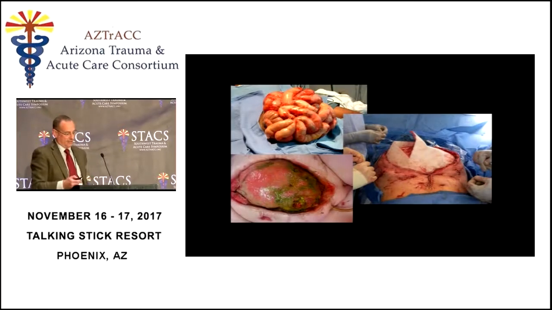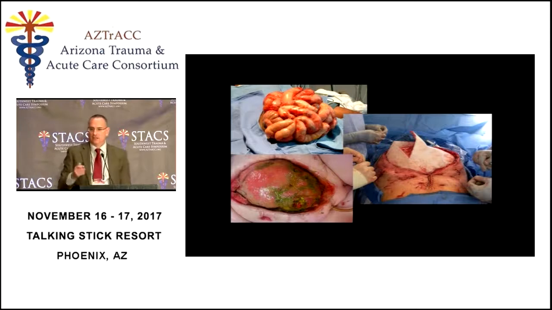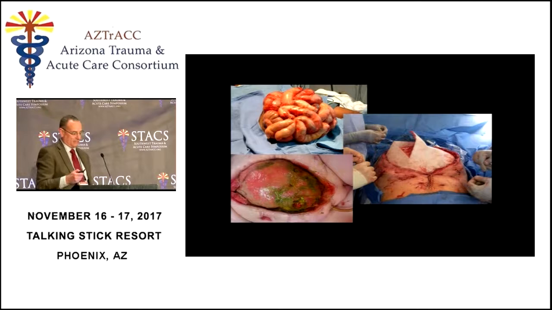Okay? How many of you have seen something like this? This is the abdominal compartment syndrome. These patients had massive resuscitations. They had massive swelling of their intestines. You couldn't close the abdomen. You were getting fistulas, and you did crazy stuff like put these crazy wound dressings on. We had all kinds of silos and weird dressings to contain the abdomen.